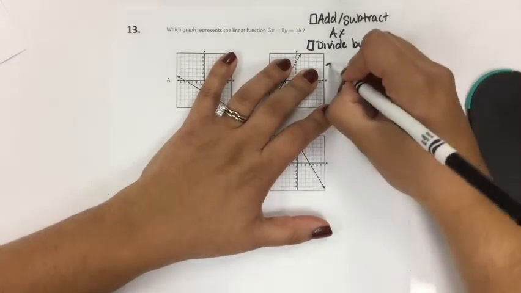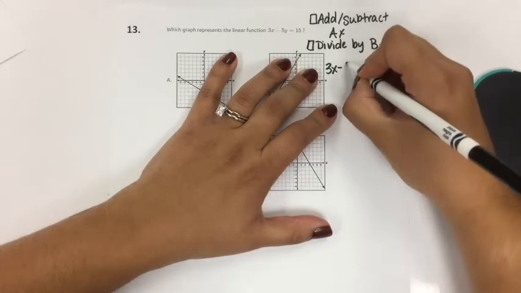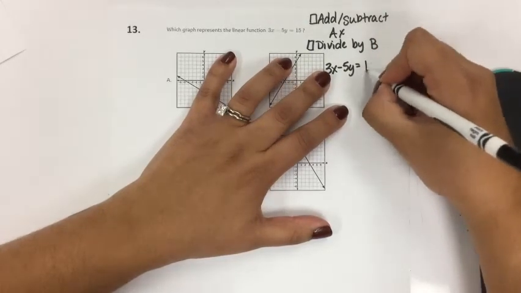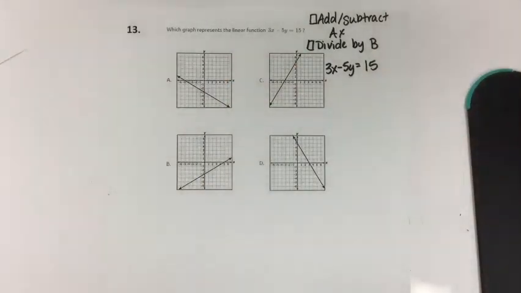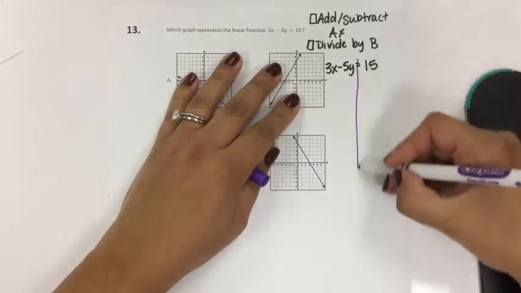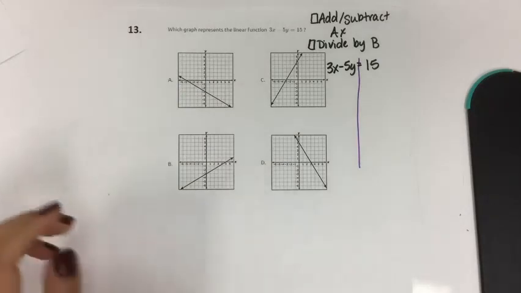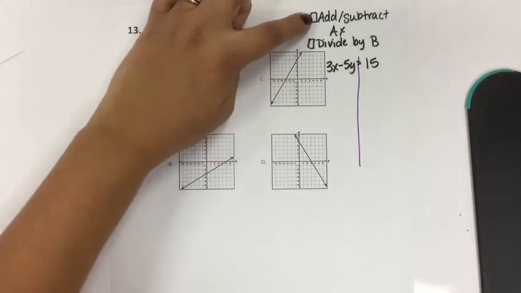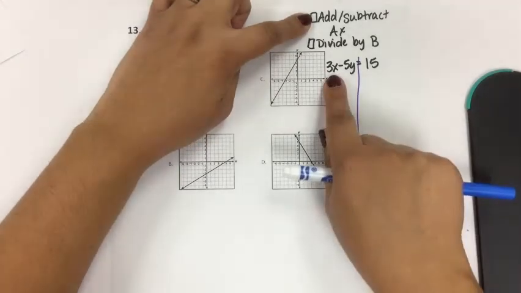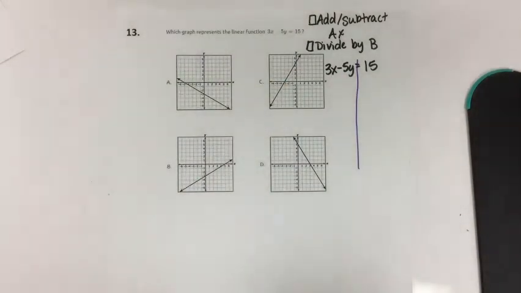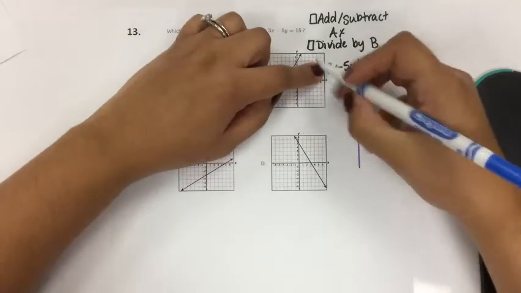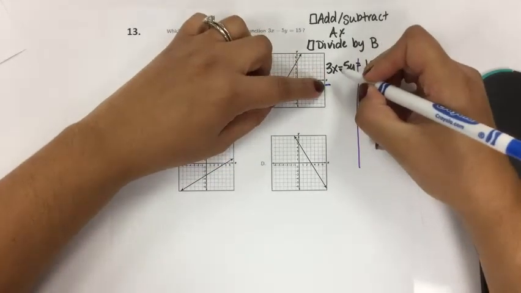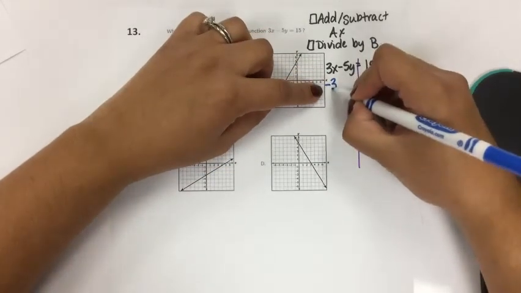Okay, so if we have 3x minus 5y equals 15, I'm going to draw a line. You don't have to, but for some of you this helps. Add, subtract ax. So here's my ax term, opposite operation. This is positive, so I'm going to do negative or subtraction.